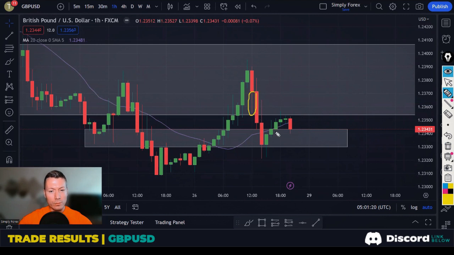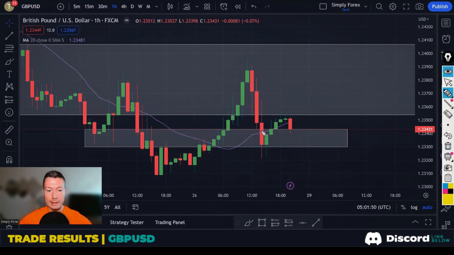So we couldn't really enter on this candle for me, guys, but the following candle, super bearish. So we could have entered here, put our stop above here, and we'd be in this trade short now. I didn't actually trade this pair, but that would have been a good entry. Price came up into our grey zone, bearish reaction. That's how we roll. All right, so that was pound US dollar.